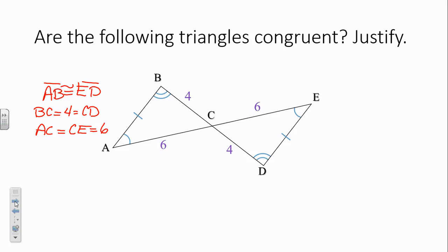We got to get the angles too. Which angles are congruent? B is congruent to angle D, because they got the double ticks, right? Because they're what kind of angles?